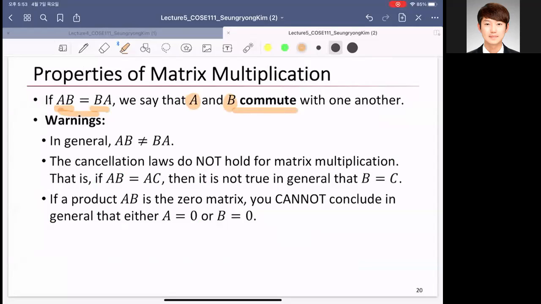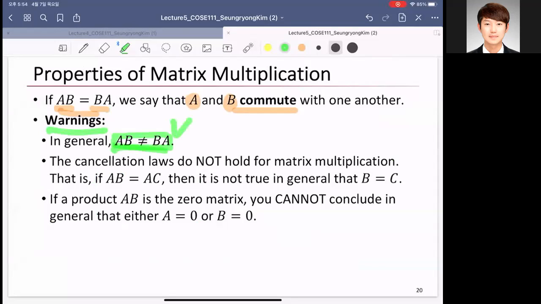AB and BA: here's a warning that in general AB is not equal to BA. It's a very, very important rule. When I studied matrices in high school, it was a very important statement: AB is not equal to BA.